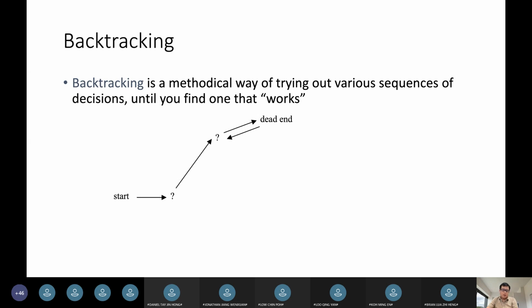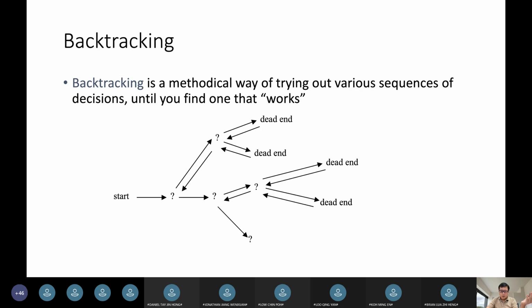Then we just backtrack to the previous stage. And then you choose another choice. So it's like the depth search, right? Then we just try, and if cannot, then go back, okay? Then they call it backtrack, okay? We try until the end, we backtrack until we find the solution, okay?